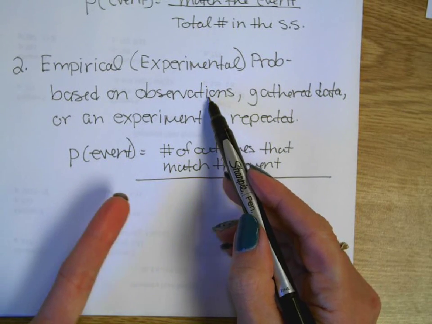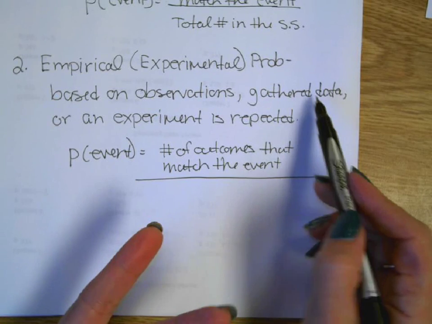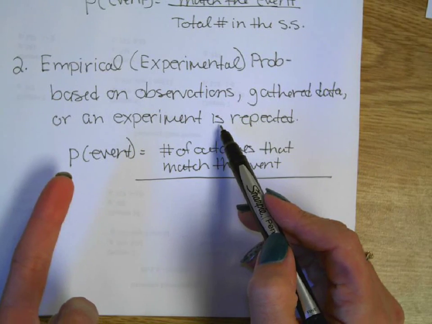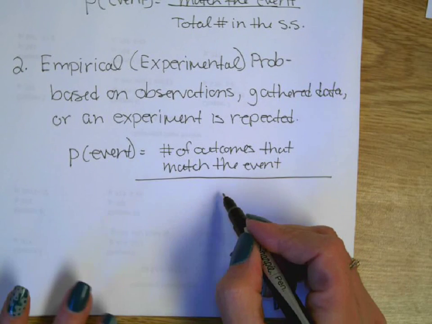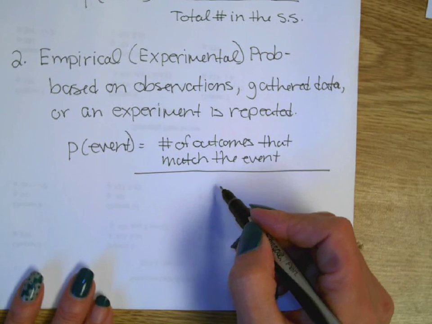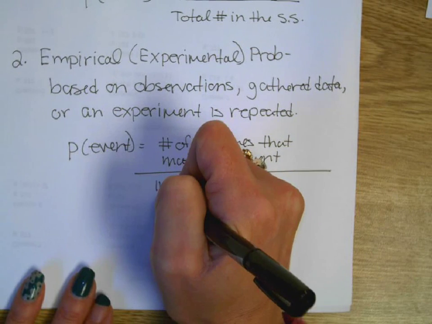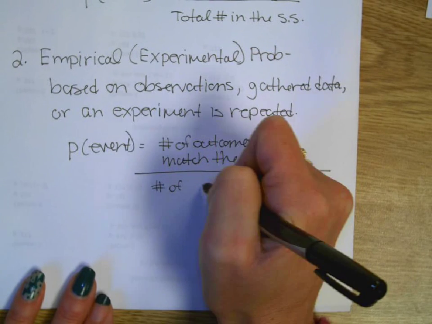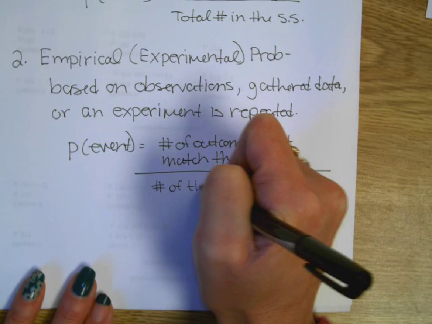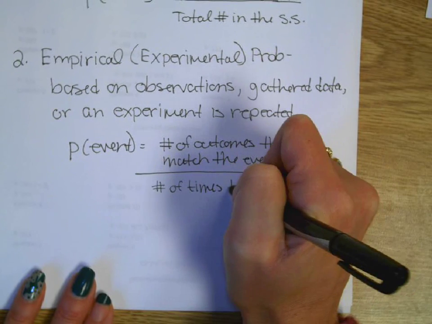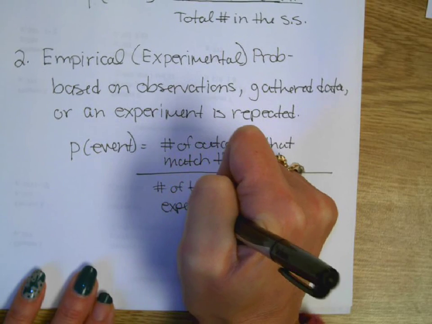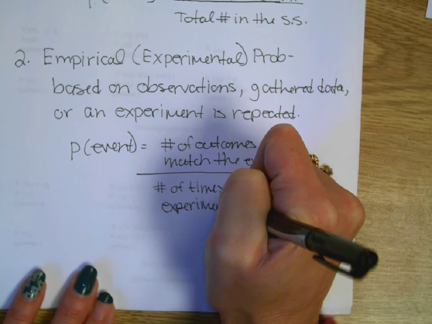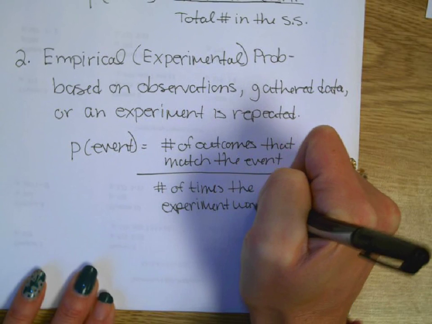How many observations did they make? What does the gathered data say? What's the total number of times you did an experiment? So this bottom number was generated by somebody gathering some data. So it's the number of times the experiment was repeated.